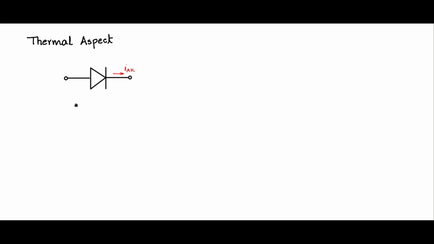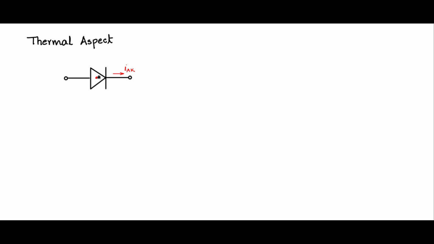Assume that at the terminals of the diode there are external circuits connected and there is a resulting current IAK flowing through the diode. This means that there is power loss in the diode. So the power loss emanates from the junction of the diode. So we can visualize in this fashion.